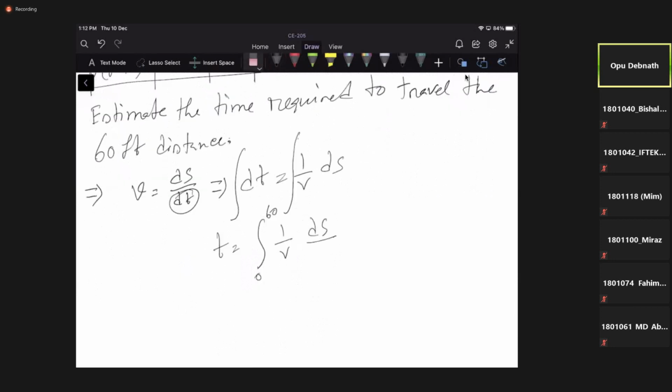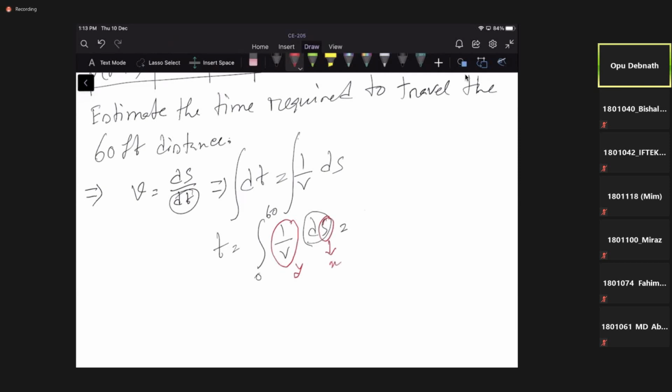Okay, so in this case consider the term 1 by v ds. If we represent it in another form, take 1 by v as y, and s as x.